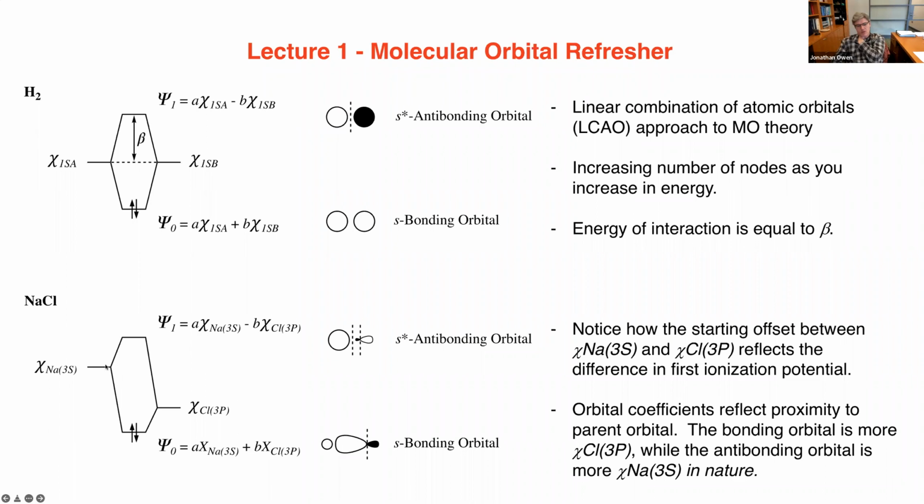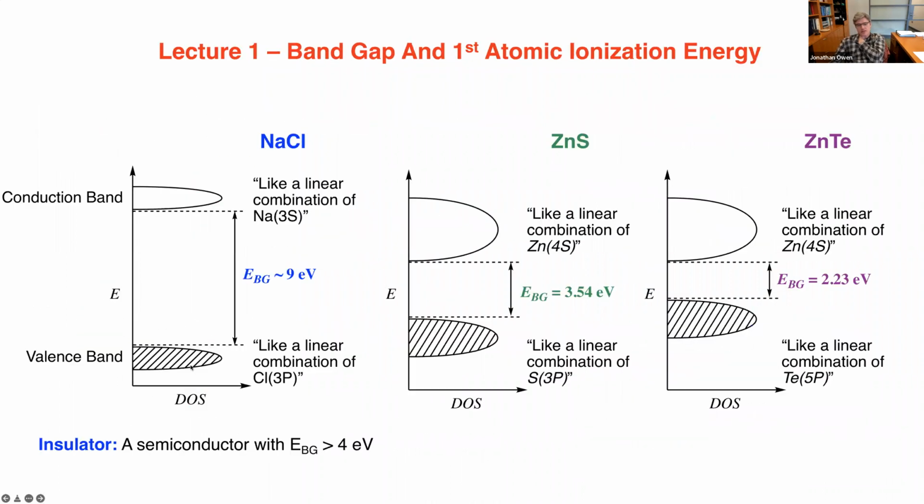So when we take many sodiums and chlorines and make molecular orbitals out of them, the product valence band is a lot like the starting chlorine level. It's close to the starting chlorine level in energy. The product conduction band is a lot like a combination of sodium 3s functions. In the molecular orbitals that you would write, the coefficients would be largest on the sodiums.